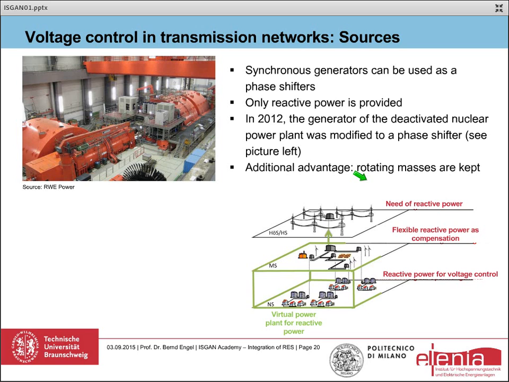So only the alternator is operated and the complete steam cycle operation is stopped. And with this synchronous generator, we provide now the reactive power needed by the transmission grid.